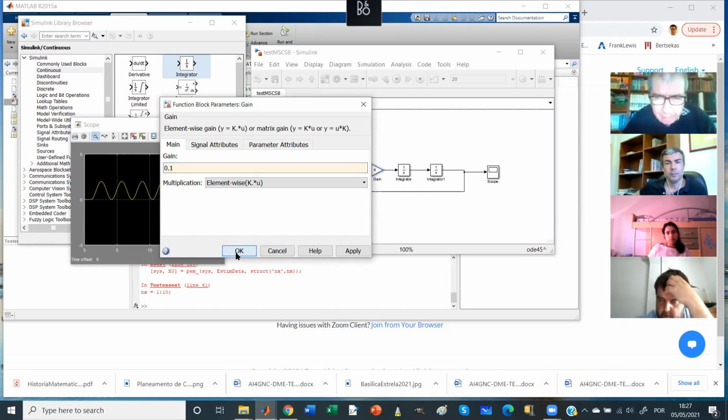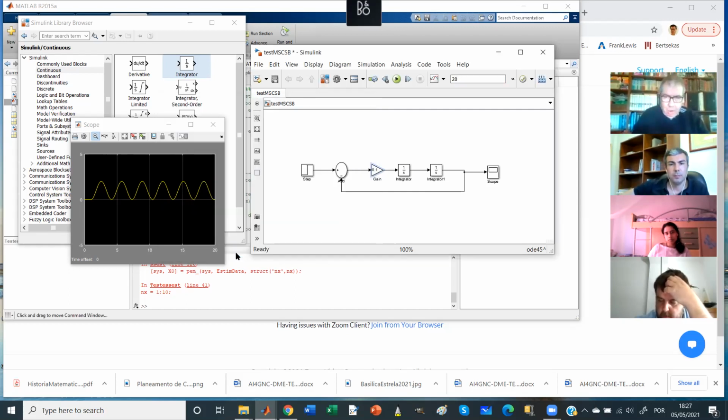What do you expect to happen? It's a positive gain. And the eigenvalues of the closed loop were plus or minus j square root of k. So when you reduce k, what happens? Slower oscillation, probably. But still oscillating. Okay, slower oscillation.